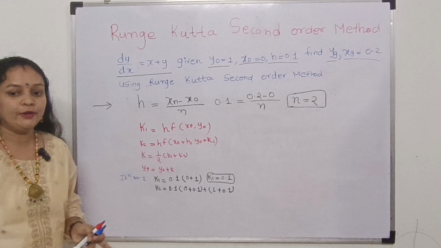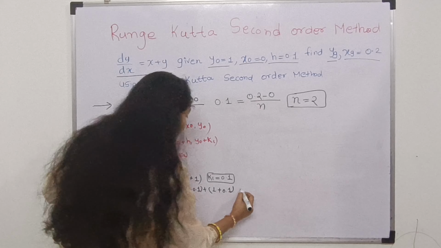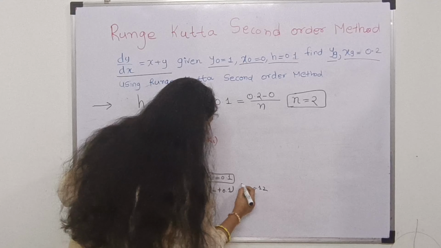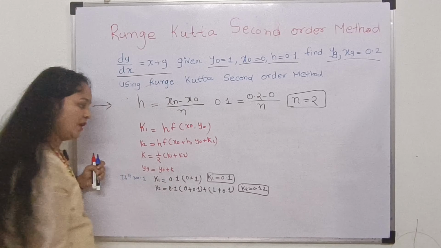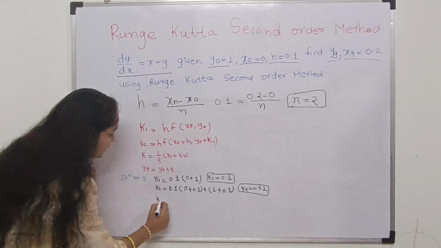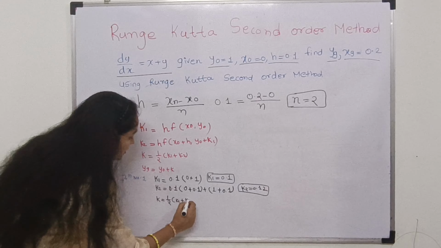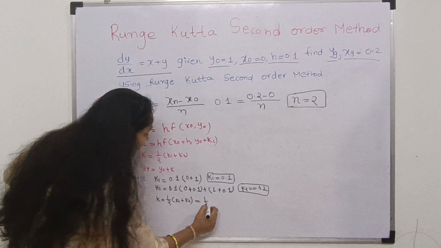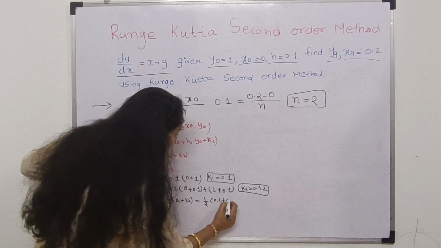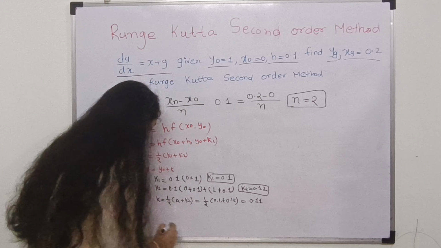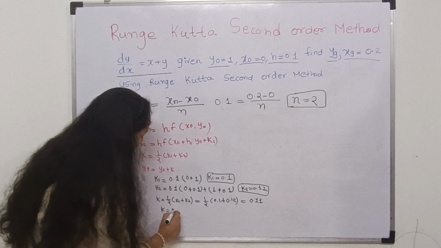So this is the K2 value. Doing the simple calculation, you are getting K2 equal to 0.12, right? Now let us calculate K, that is 1 by 2 into K1 plus K2. So 1 by 2 into bracket 0.1 plus 0.12, right? By calculation you are getting the value 0.11. So K value becomes 0.11.